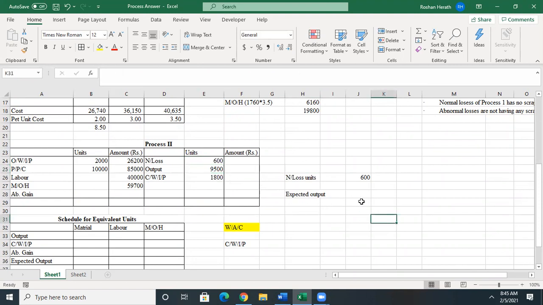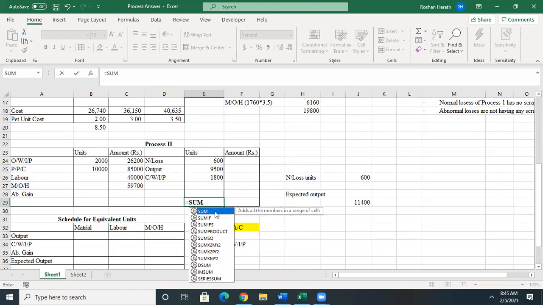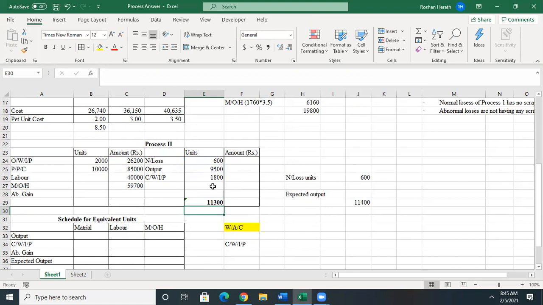Now you can see what is the expected output. It has to be the 12,000 minus 600, which is 11,400, but at the moment it is 9,500, 10,500. Again, an abnormal scenario is there.